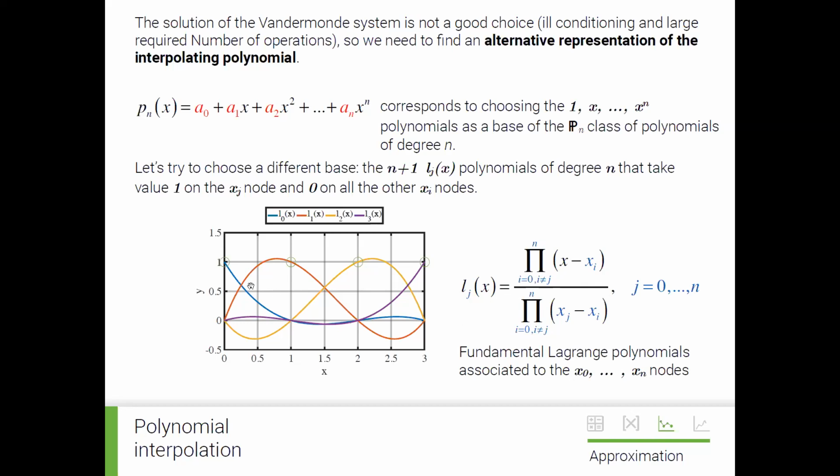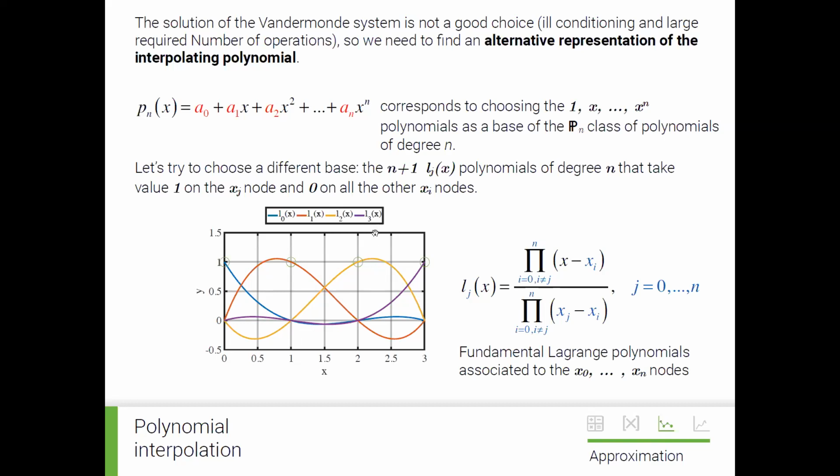Here you can see the graph of Lj of x. In blue, it is L0 of x. L1 here is the brown one. Then the yellow one is L2 of x.